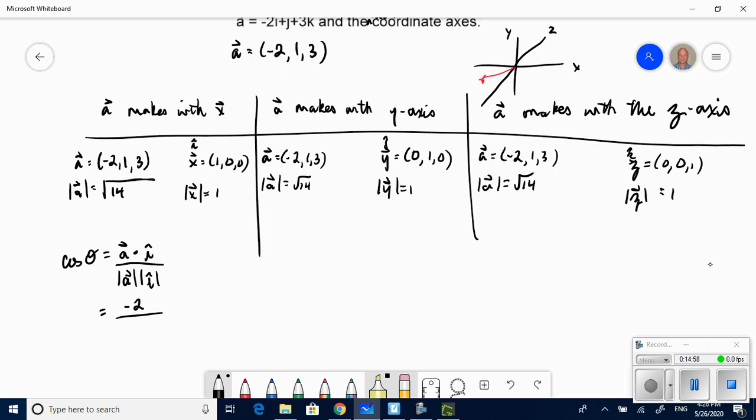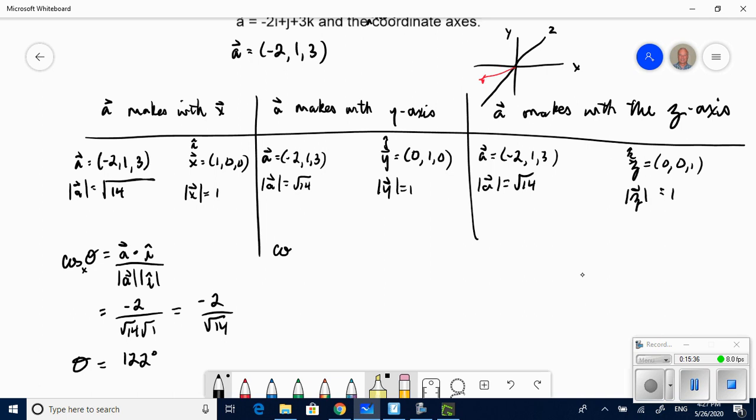In fact, if I look at it, it's the x component that's always going to be part of that dot product here. So I've got root 14, root 1, which is really just negative 2 over root 14. And when I do the inverse cosine of that, I get my angle. According to my notes here, I've got 122. I better double check my calculation.